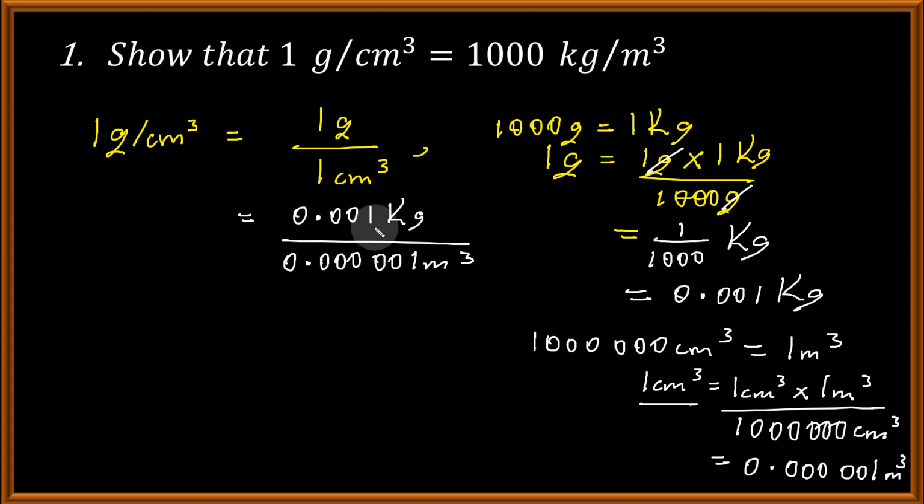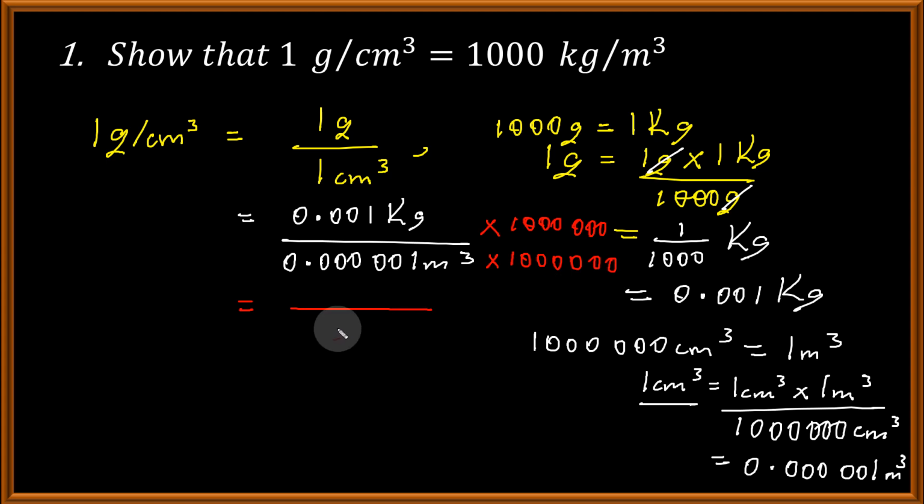Now I'm dividing this decimal number by this decimal number. When I look at this decimal number, it has 6 decimal places. So in order to get rid of those 6 decimal places, I will multiply the denominator by 1 million, and also the numerator by 1 million. Of course, it will make sure that all this cancels out to give me 1 meters cubed.